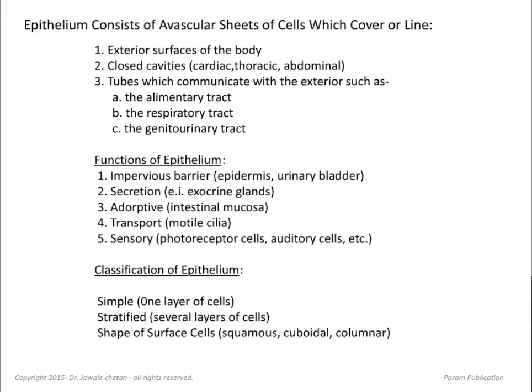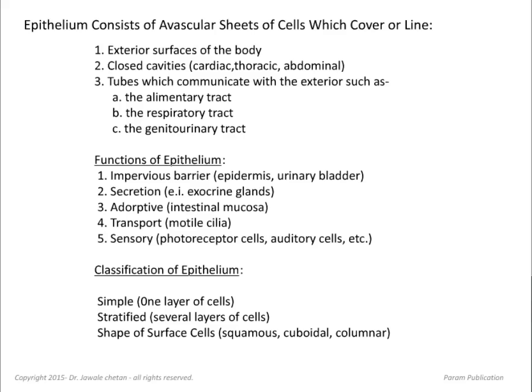So epithelium consists of an avascular sheet of cells which cover or line exterior surfaces of the body, and closed cavities from inside and outside, that is the cardiac cavity, thoracic cavity and abdominal cavity. These are the three different cavities you find in our body. Tubes which communicate with the exterior, such as the alimentary canal.